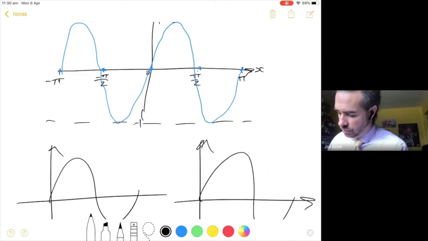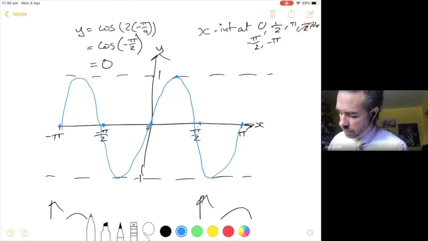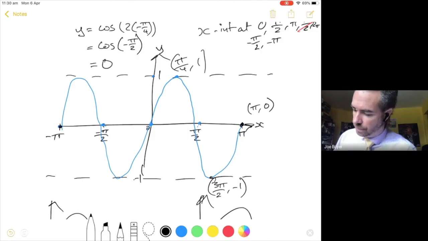All we really need to do is label any key points. So we've got our maximum here, which is going to be at pi on 4, 1, and our minimum here, which is at 3 pi on 2, -1. We like to label our end point explicitly, even though it's a 0 and it's sort of labeled, but in this case, I'm going to say pi, 0, and this endpoint here, negative pi, 0.